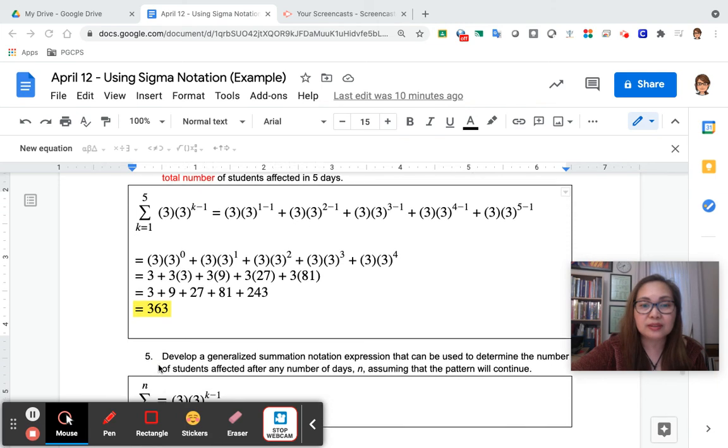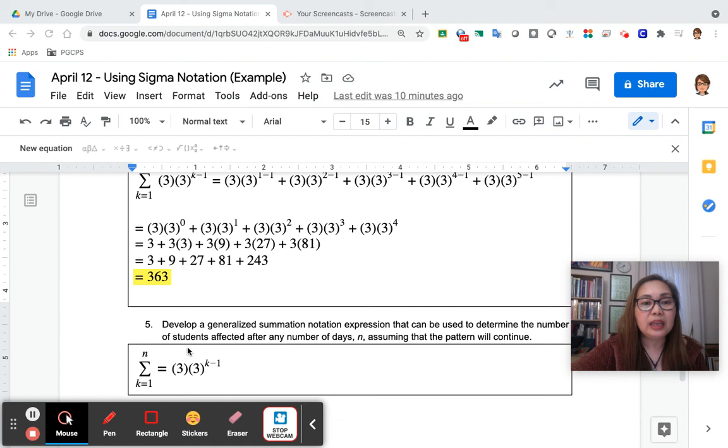case is 363. And if the question says, develop a generalized summation notation expression that can be used to determine the number of students affected after any number of days. So this time it's not just 5 days, it's for any number of days. So how would you represent any number of days? That would be n.